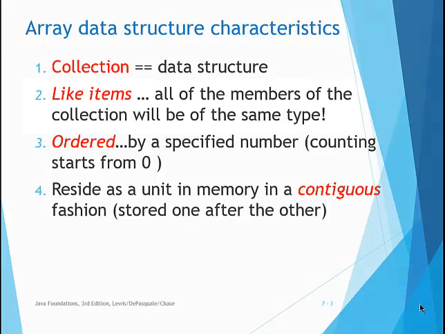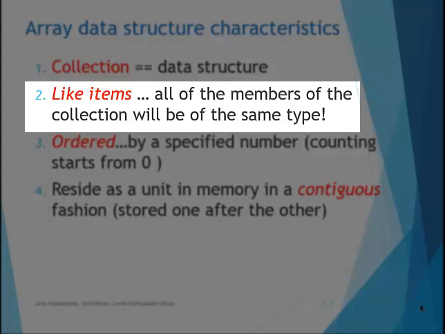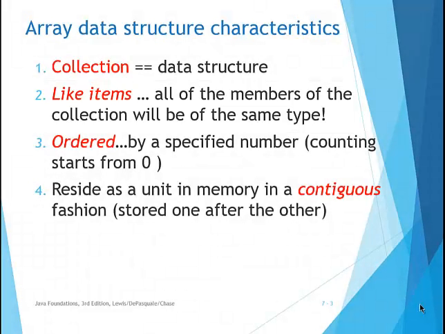Important characteristic number 2 is that each member is alike, or in programming parlance, of the same type or class. As with item 1, this provides us with the ability to have a common set of operations that can conveniently process every element of the array, because they are alike in their underlying structure.